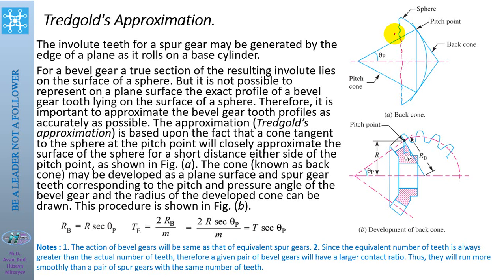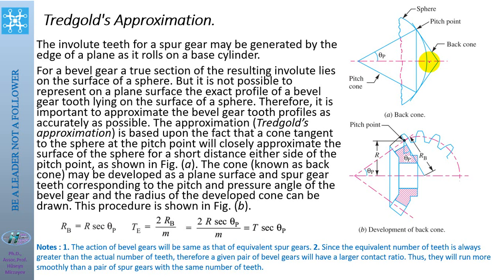But it is not possible to represent on the plane surface the exact profile of bevel gears. Therefore, it is important to approximate the bevel gear tooth profile as accurately as possible. This is called approximation.